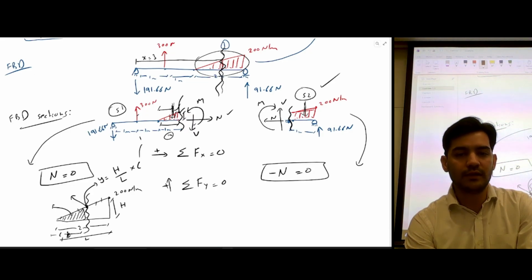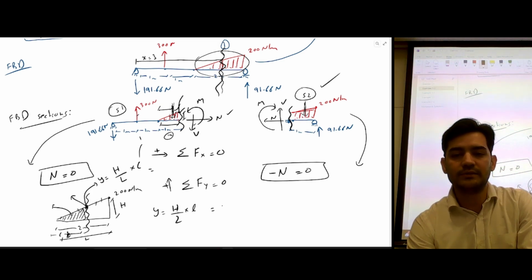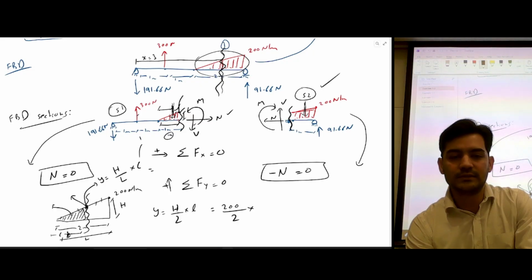So if we want to calculate the value at this point, we can use y is equal to h over L into l. So height is 200, total length is 2 meter, and the distance where we want to calculate is 1.